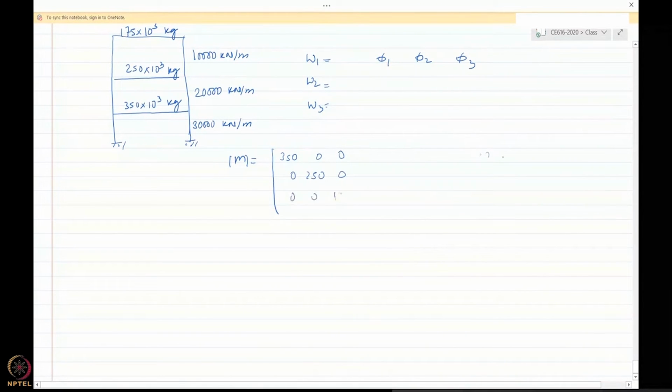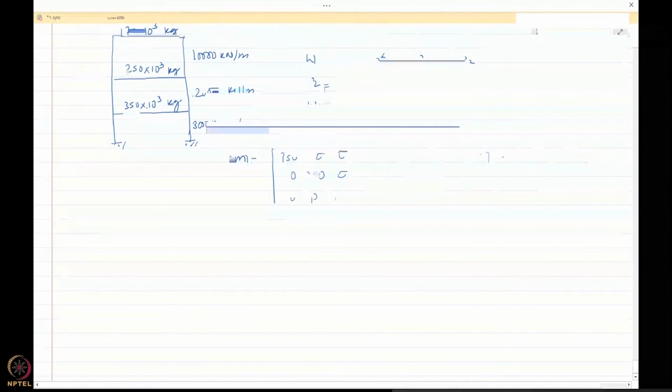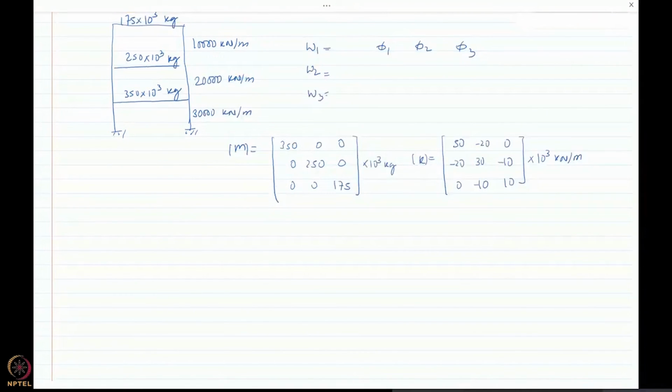Because we have to go to the next step as well, I'm going to give you the frequencies and the mode shapes now. Just assume that you have come up to this step by doing it, and then we will further proceed. So the frequencies that you will get are 4.52, 9.63, 14.38.